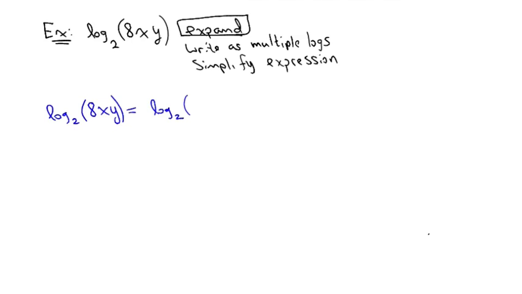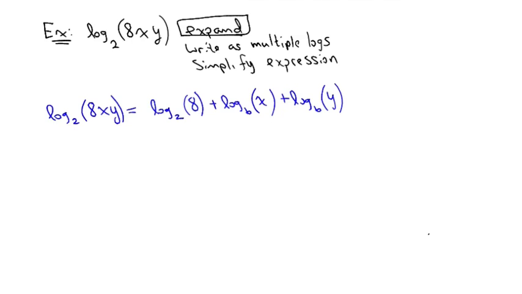Oh, maybe. So it could be log base 2 of 8. That would be the first piece. You know, the first product becomes log base b of the first product. The next one becomes log base b of the second product, which is x. So log base b of x. Log base b of y.